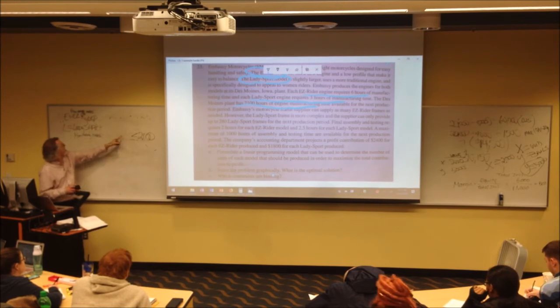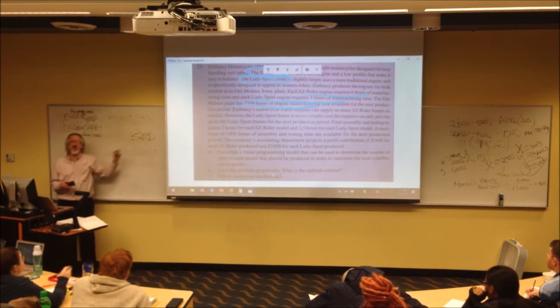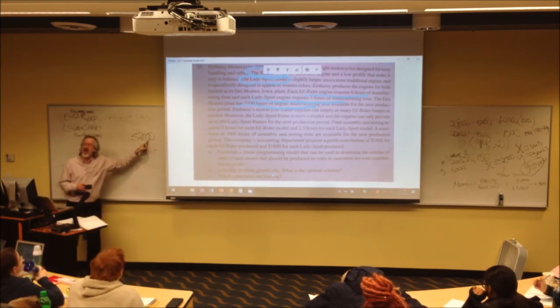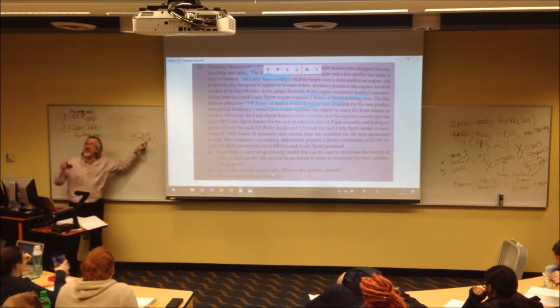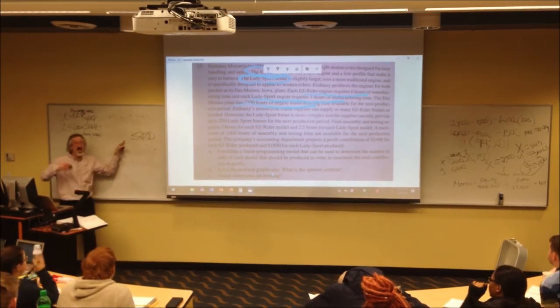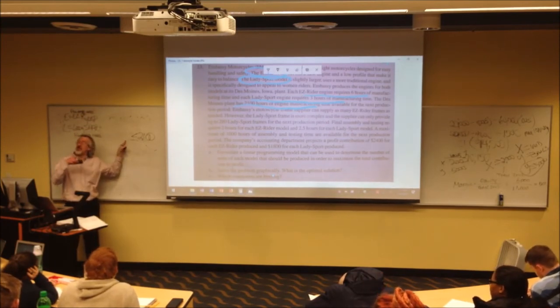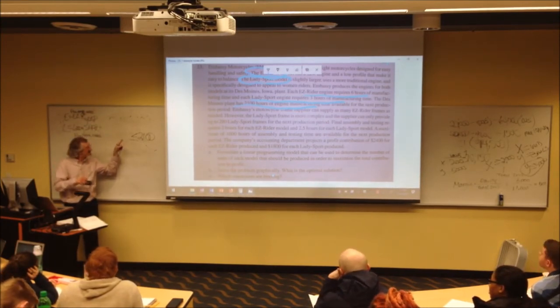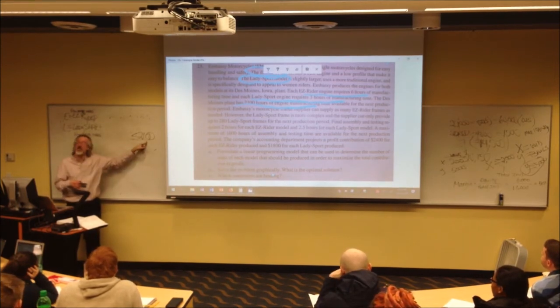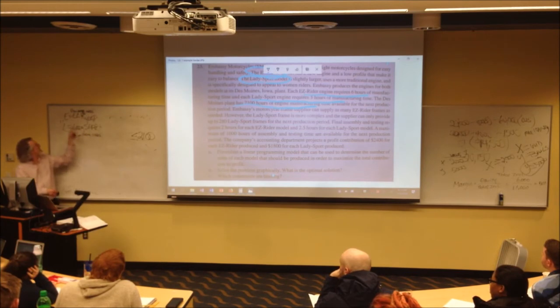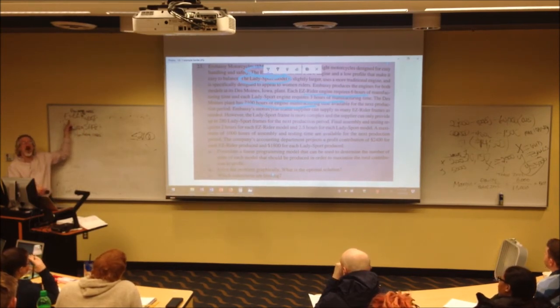If I put E there, less than equal to 2100, it doesn't make sense. This is the amount of hours available to make the engine for E. If I put an E there, that's how many we're going to make. I have to convert the E to be equal to what it represents on the right side. 2100 is in hours, so I've got to turn the engine of E into hours.